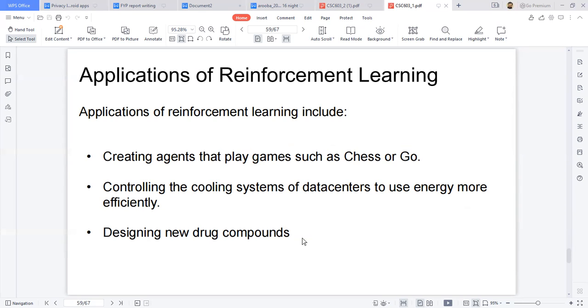Otherwise, we will say that's a bad chemical, and it will use a different hit and trial method to design different drugs by combining and mixing different chemicals. So this is like making drugs. We can play games, make a smart agent, or make an agent to cool the system of data centers.